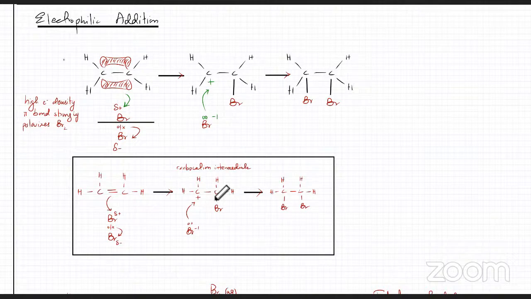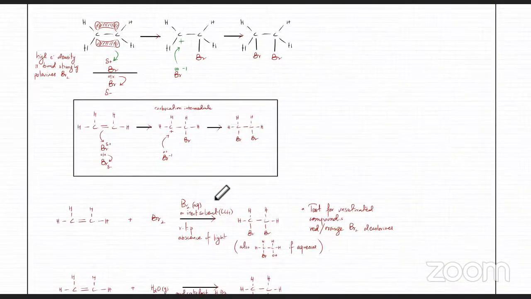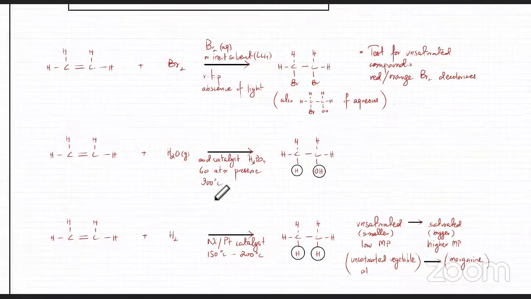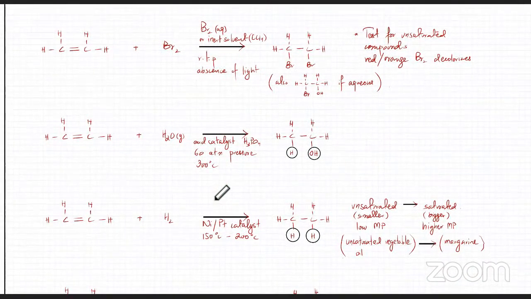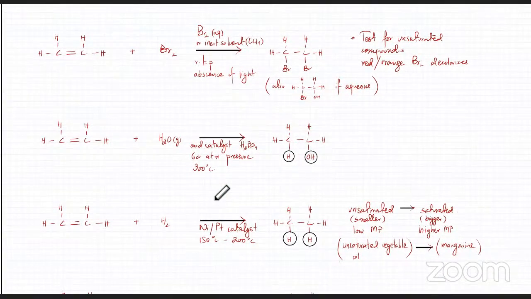Now that's electrophilic addition. You've got 4 electrophilic addition reactions which are kind of similar. One is bromination. You need to know that, that's AS again. You've got Br2 aqueous or Br2 in an inert solvent, and bromines get added to the double bond.